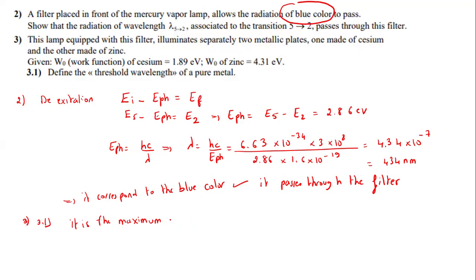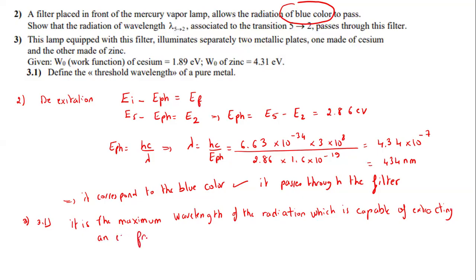But here it's the maximum wavelength of the radiation capable of extracting an electron from the metal, surely from the surface of the metal.